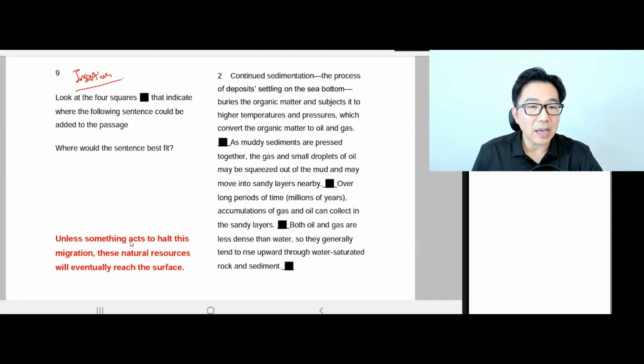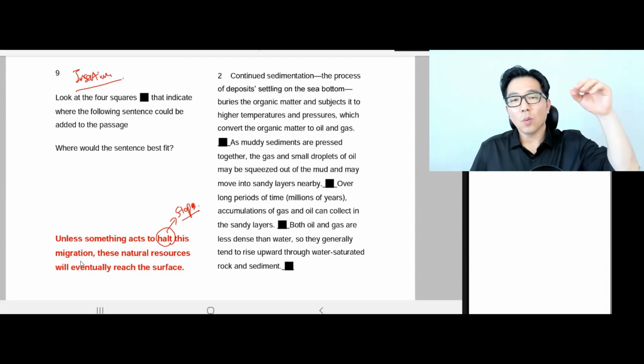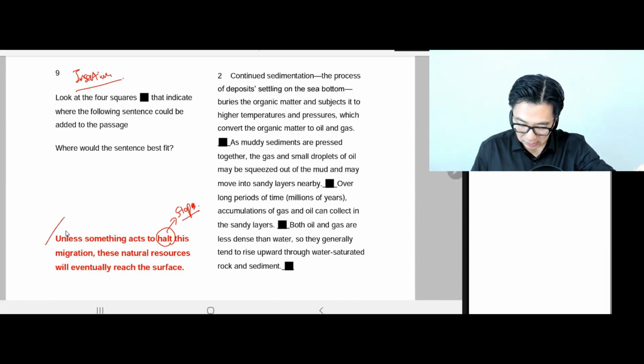"Unless something acts to halt this migration." So unless something stops or puts an end to this migration, one sentence before this sentence, there must be some kind of migration happening.